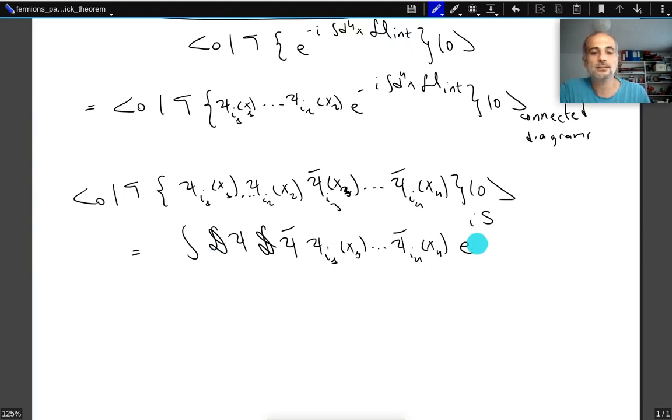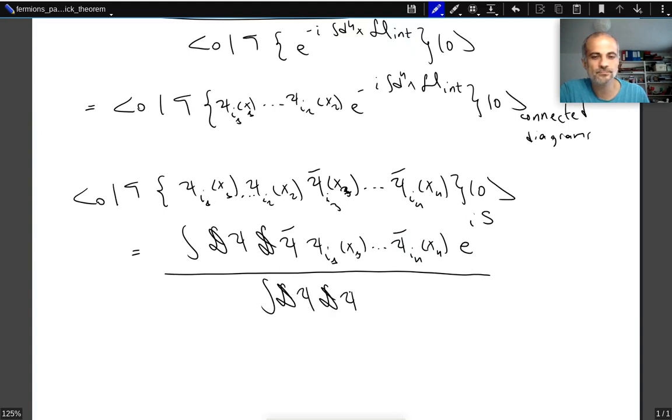So this will in fact be a fermionic path integral, where these ψ and ψ̄ are just Grassmann numbers. And let me also add the normalization, to make sure that it is properly normalized.